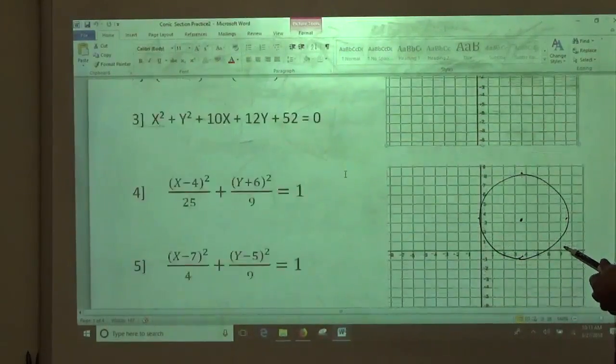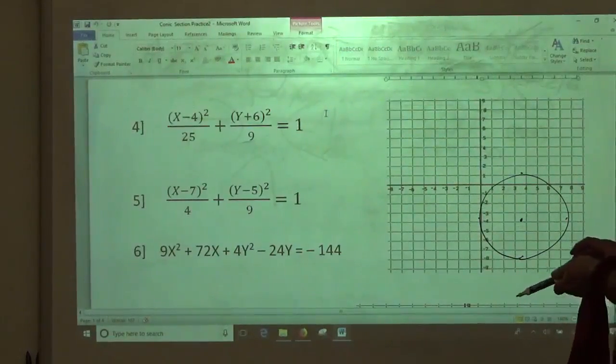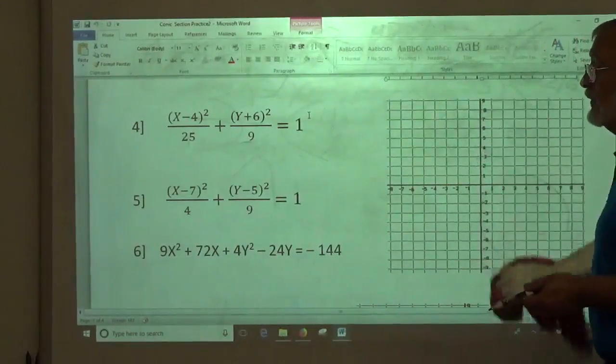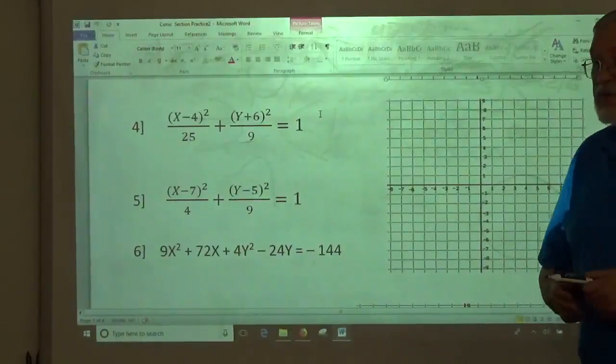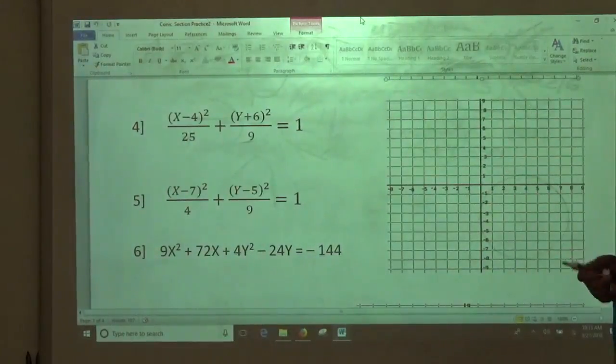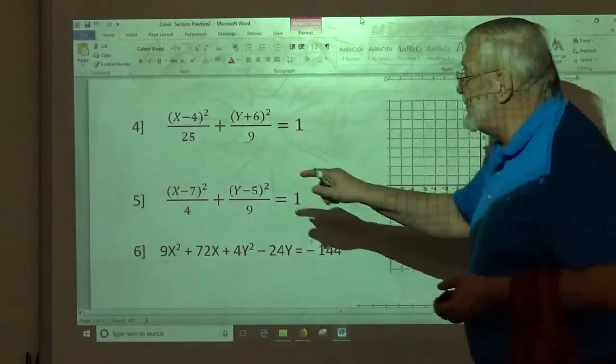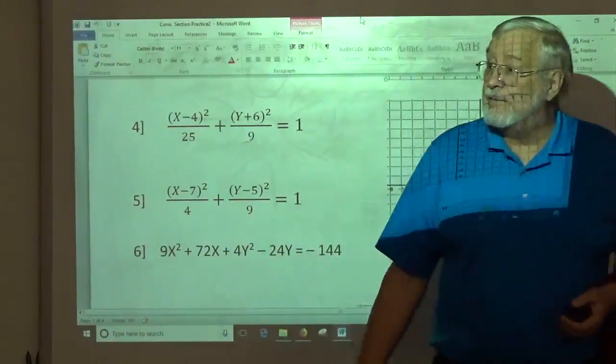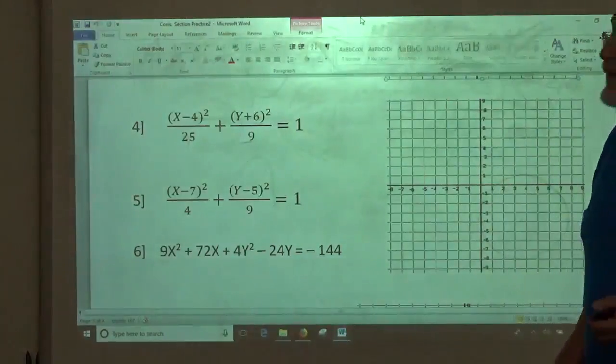Okay. All right, now. Okay, so now, what is it? Is this a circle? Which one? Number 4. No. Why? Because this coefficient is 1 over 25, and this coefficient is 1 over 9. All right?